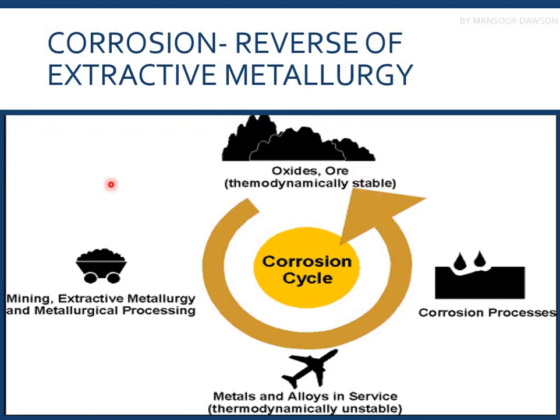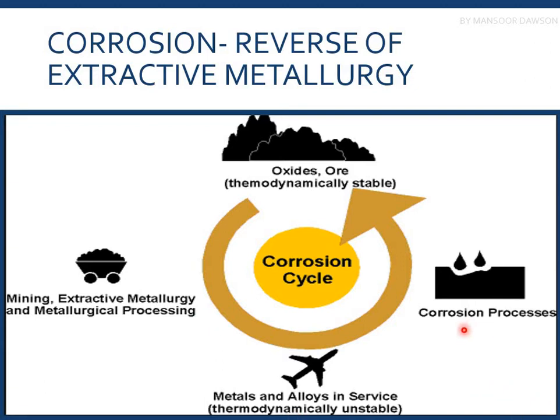As you can see in this figure, from the ores and the minerals, the metal is extracted, then it is treated and purified, and then used in the applications, where it is thermodynamically unstable due to high energy and high instability.